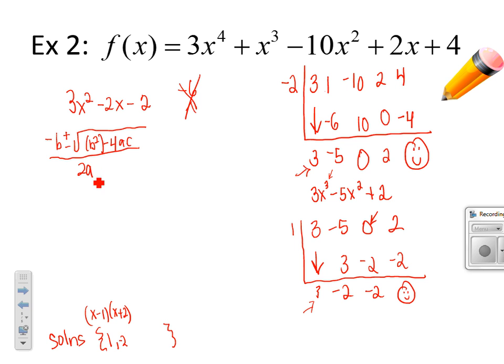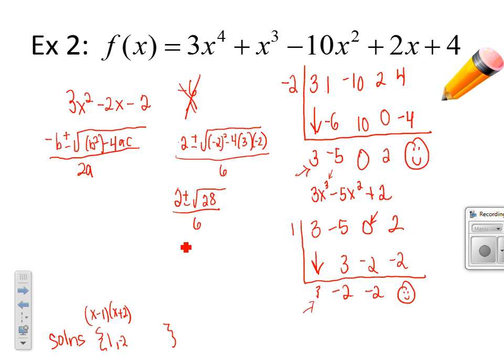So we can't forget about the quadratic formula. So I'm going to use the quadratic formula to find the other two solutions here. So it's opposite of b plus or minus the square root of b squared minus 4 times a times c all over 2 times a, which is 6. I would get 2 plus or minus the square root of 28 over 6.